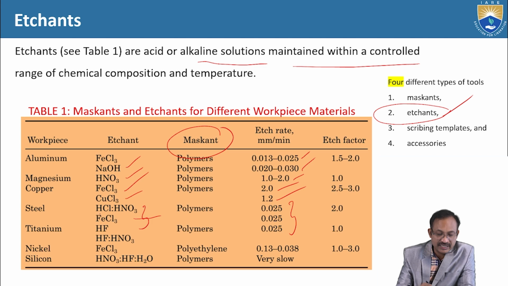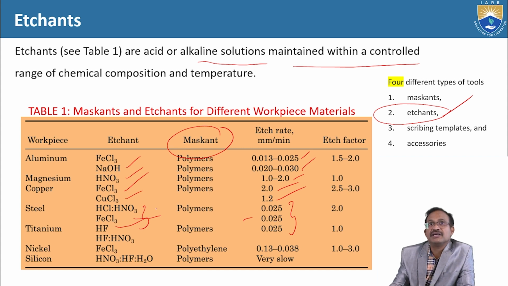For FeCl3 with the steel material it is also 0.025. For the titanium workpiece material and etchant, the etch rate is 0.025 millimeters per minute. See how close it is.